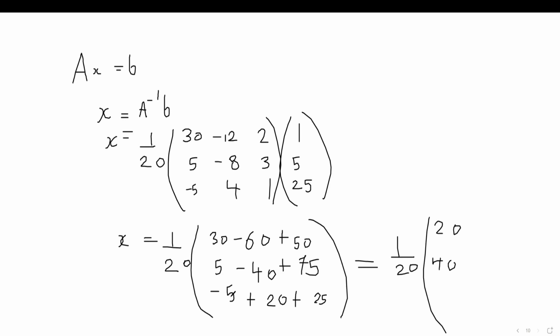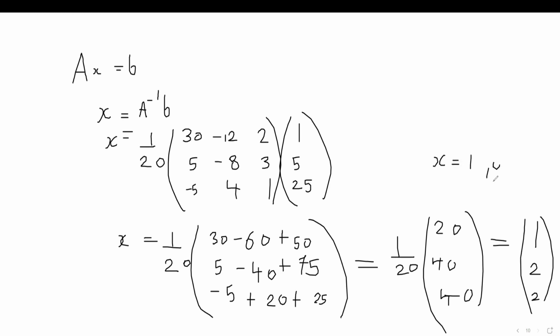And negative 5 plus 20 is 15, plus 25 is 40. To finish, 1 over 20 times 20 is 1, 1 over 20 times 40 is 2, and 1 over 20 times 40 is also 2. So this is x, this is y, this is z. That means x equals 1, y equals 2, and z equals 2.